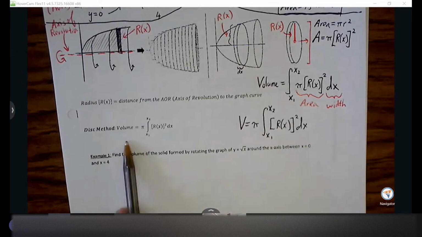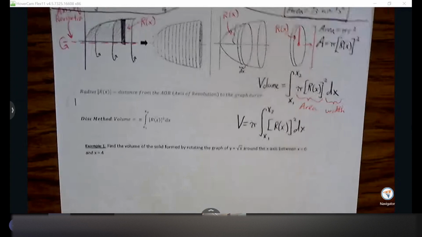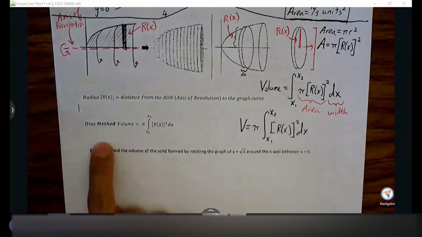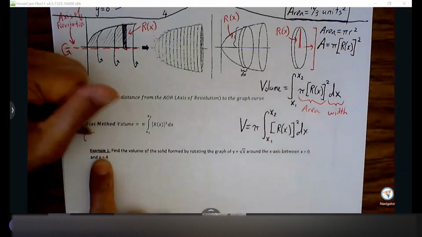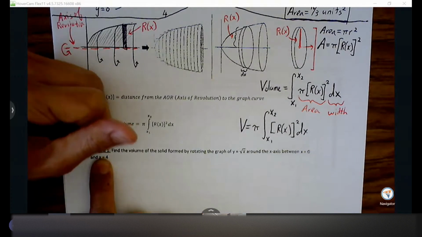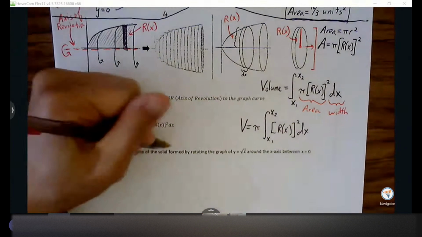Now this form that I have on the formula here in the middle of the page, just like how we have different orientations for area, top minus bottom and right minus left, we're also going to have different orientations for volume. So this is the orientation for top minus bottom. Everything is in terms of x. We're going to do a couple of problems exploring this form first.